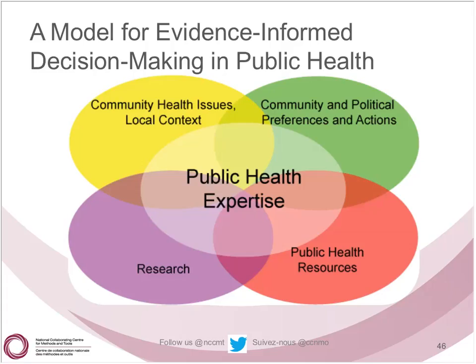Public health resources, well, housing is expensive. And so even though you may have found good research evidence to suggest that housing and supportive housing can really impact the health of homeless populations, it may be that the resource burden makes that very, very difficult to do, or you might only be able to do it on a certain small scale.